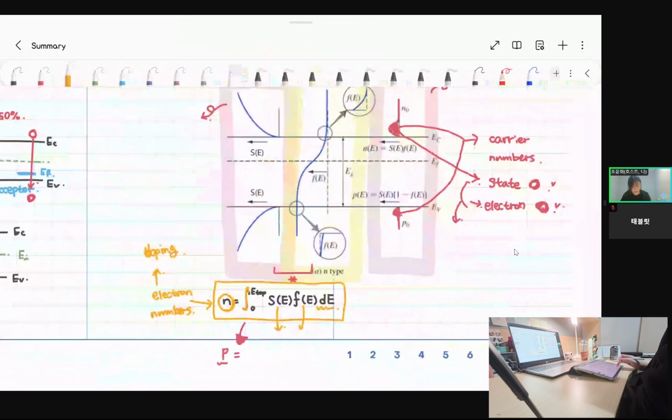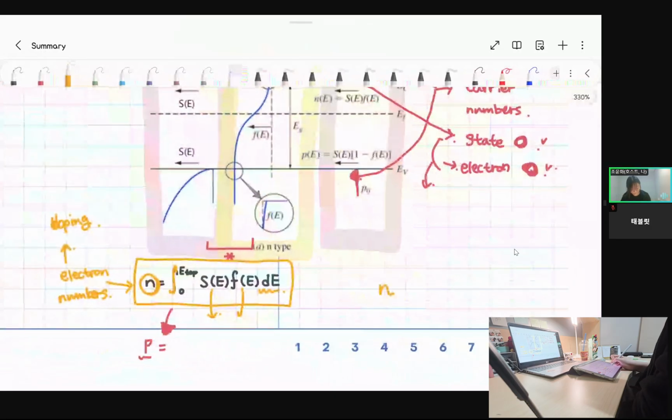So as a conclusion, we can know the relationship between the electron numbers of intrinsic semiconductors and the electron and hole numbers of extrinsic semiconductors.